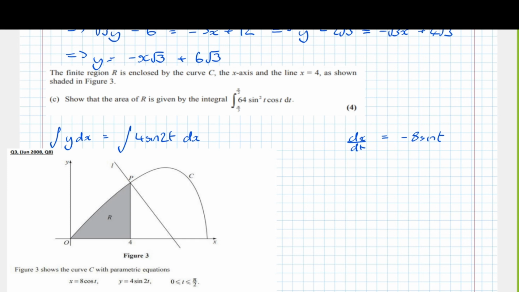We've already done dx by dt, which means that dx equals minus 8 sine t dt. So we can say that that's equal to the integral of 4 sine 2t dx, which is minus 8 sine t dt.